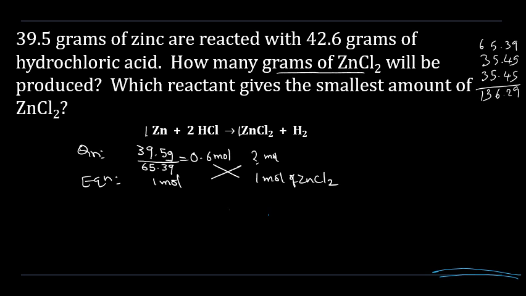So I will have 0.6 times 1. So that means I will have 0.6 moles of ZnCl2. And now convert that into grams. So I know 136.29 is the molar mass of ZnCl2. So that will give me 81.7 grams of ZnCl2.